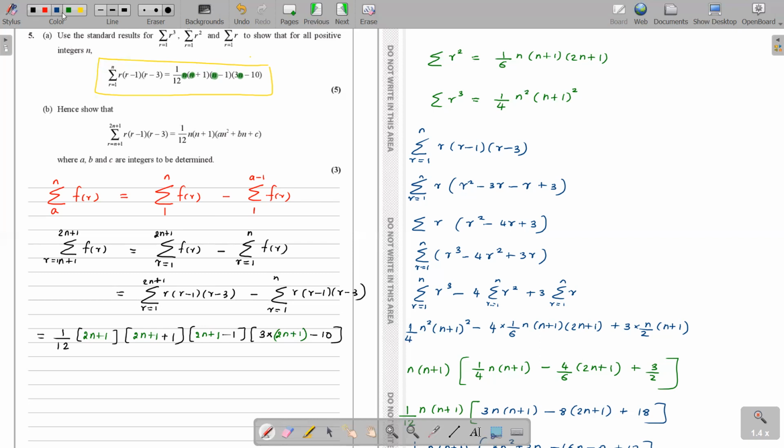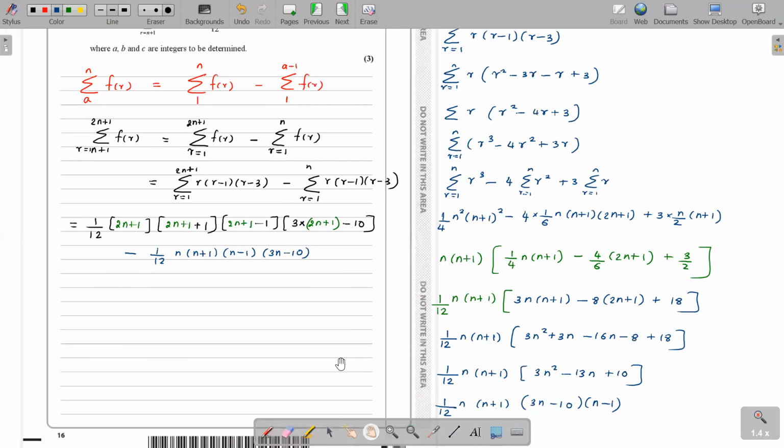And then you have to subtract the summation from 1 to n, which I already have, directly given to you. So that is 1 over 12, n, n plus 1, n minus 1, 3n minus 10.